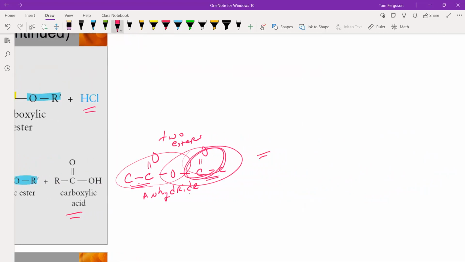So when this reacts, we've got this piece. Let's say we're adding, let's see, let's add ethanol. So what we're going to generate is a 2 carbon and 2 carbon.